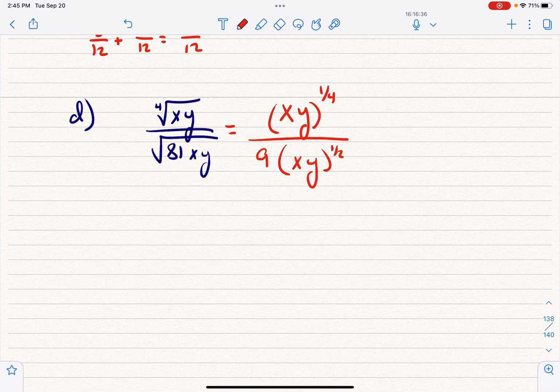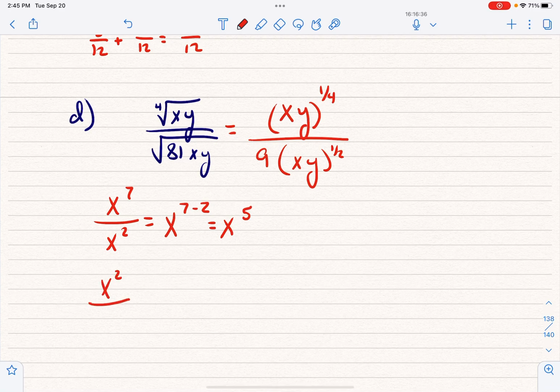Now, when I have a power over a power, like if I had x to the 7th over x squared, I subtract. That becomes x to the 7 minus 2, which is x to the 5th. Now, that's pretty easy for us to recognize, but if it's flipped, sometimes we struggle with that. It's really x to the 2 minus 7, which is x to the negative 5, which is 1 over x to the 5th. All right?